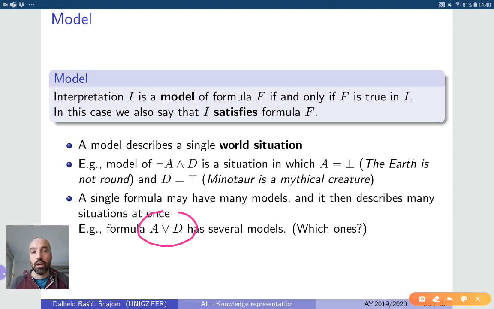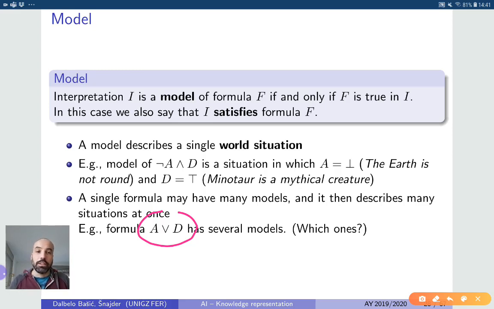So it's 3 models out of 4 interpretations, right? And these are A is true and D is true, A is true and D is false, and A is false and D is true, right? The only interpretation for which the formula is not true, or in other words, the only interpretation which is not a model of the formula, is the one in which both A and D are false.